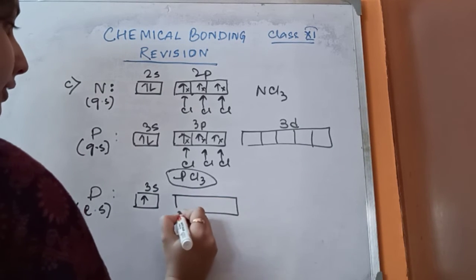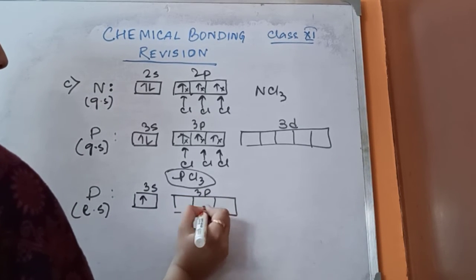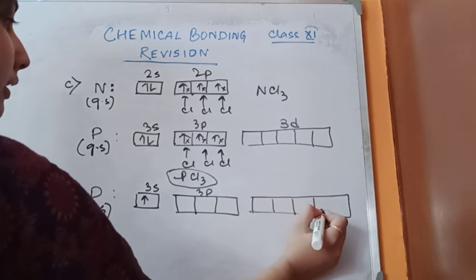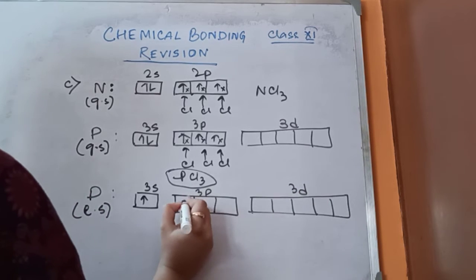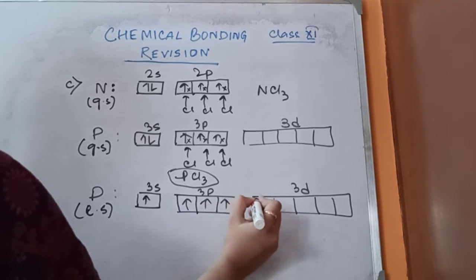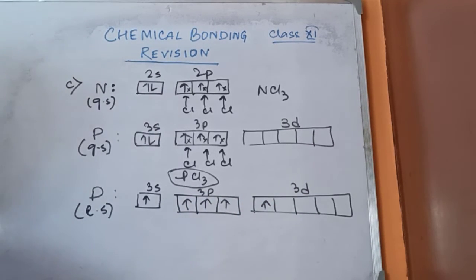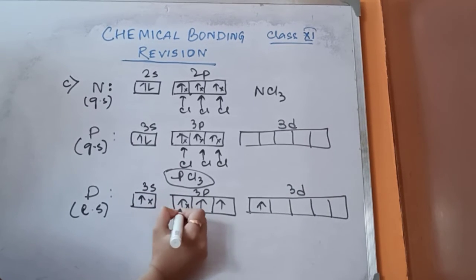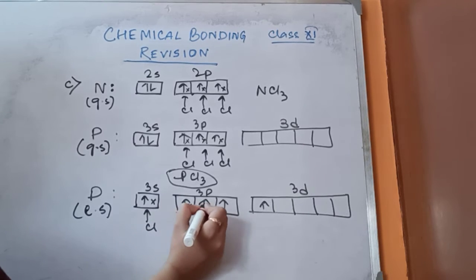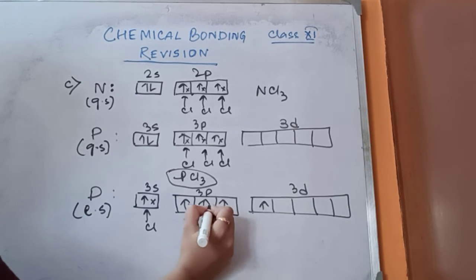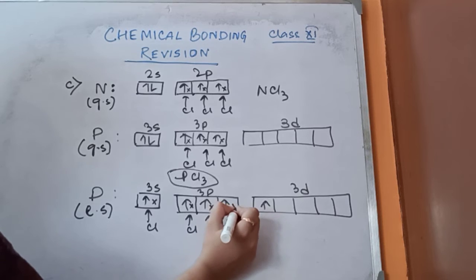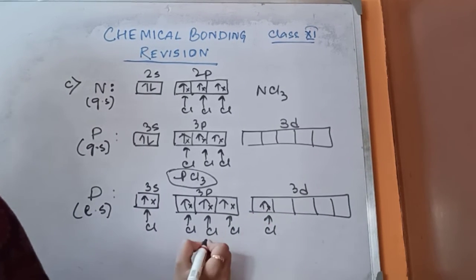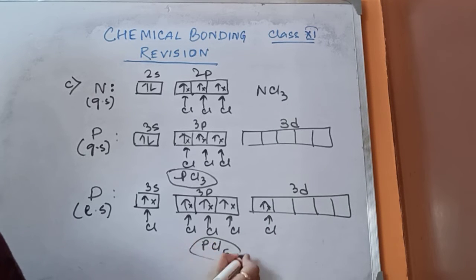So 3s, 3p and 3d. This is the condition. See, there are 5 unpaired electrons, hence it will form bonds with 5 Cl atoms. Remember, all are sigma bonds. This is the case of PCl5.